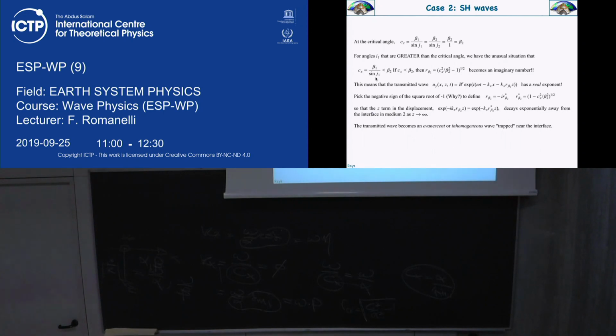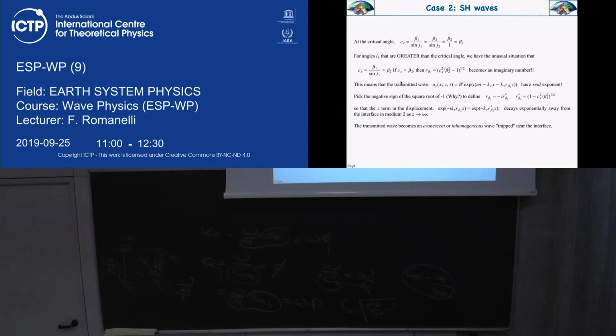Because now Cx is getting really strange. Because the horizontal apparent velocity for this will become less than beta 2. And this will become imaginary. Now if C is less than alpha, remember we started from C infinite, then alpha, right?